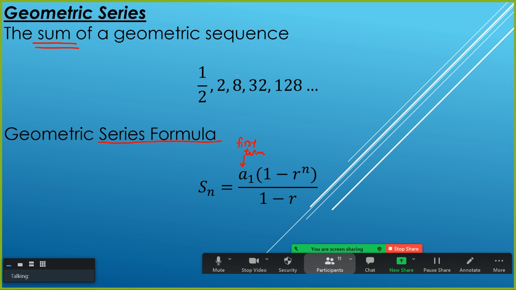So let's find r to begin. From 8 to 32, what are we multiplying by? 32 divided by 8 is 4. So it looks like it's times 4 each time. 32 times 4, that's 128, good. And 2 times 8, or I'm sorry, 2 times 4 is 8.